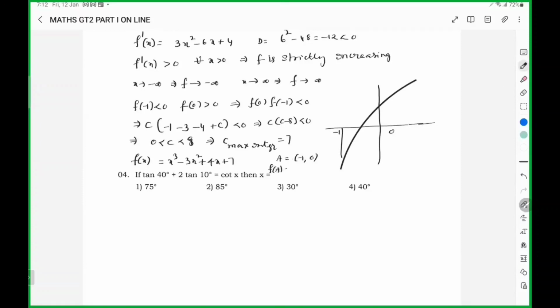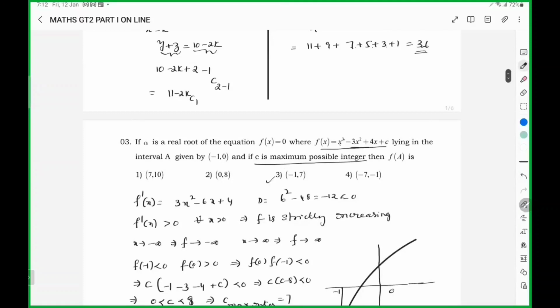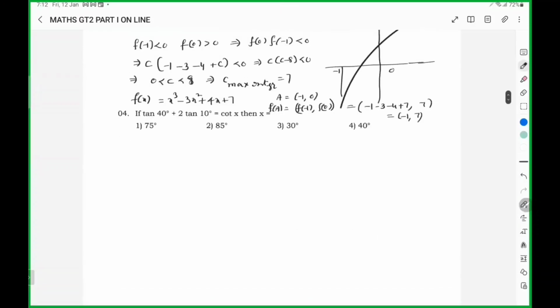The range will be f of -1 to f of 0. f of 0 is 7, so the range is (-1, 7). So the third option is correct.